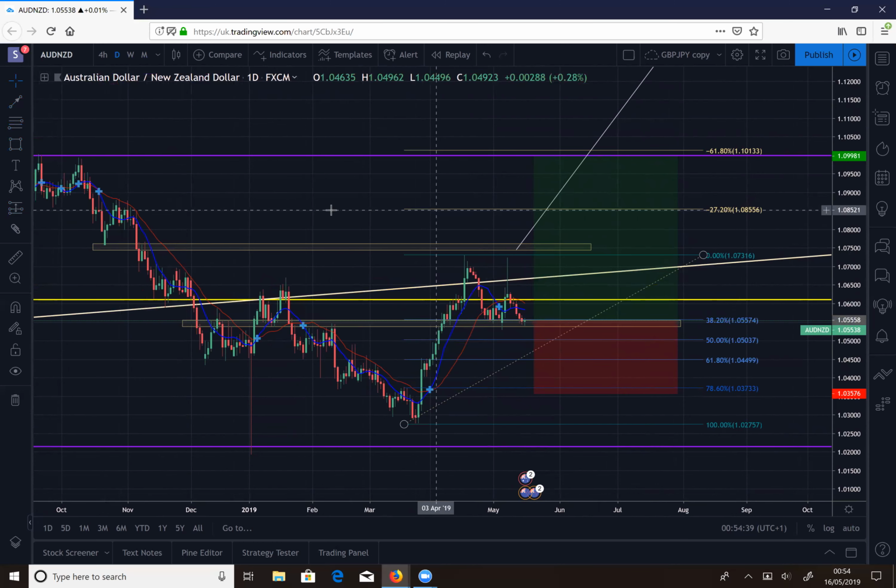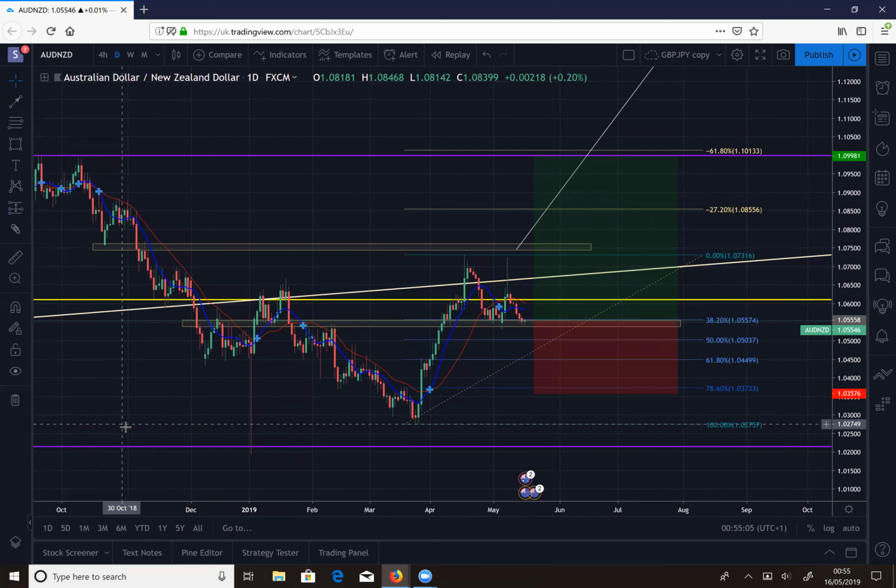This is where the Rebirth risk to reward calculator that's provided for all of you traders will allow you to calculate the exact lot size you should be using to still be within your risk reward profile.